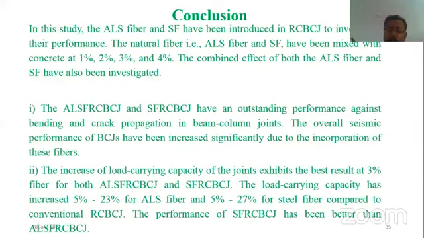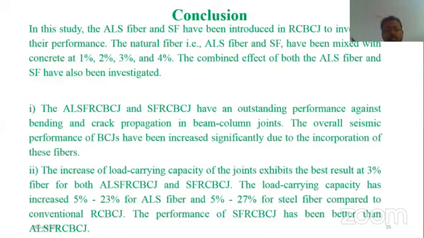The overall seismic performance of the beam column joint has increased significantly due to incorporation of the fiber. For both cases, areca and steel fiber, the performance of the joint has increased significantly.